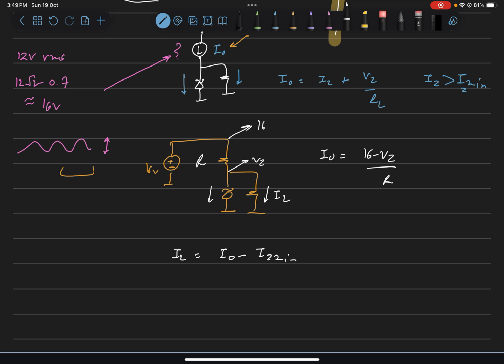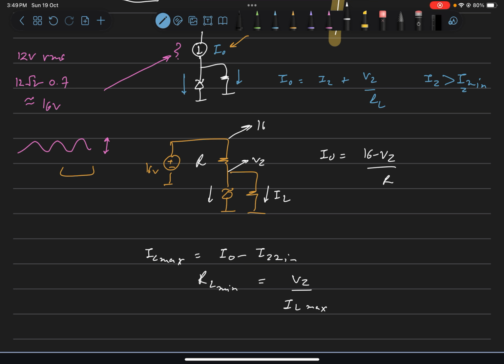So when the Zener draws minimum current, then you can supply maximum current to the load, or you can drive smaller loads. This is the maximum current, and the minimum load that you can drive will be VZ over IL maximum.